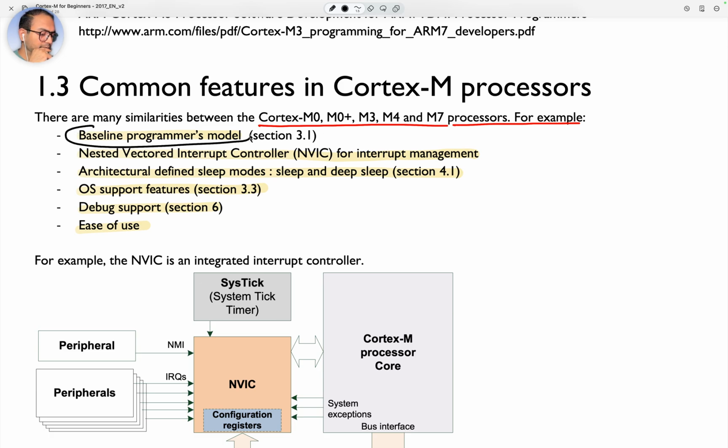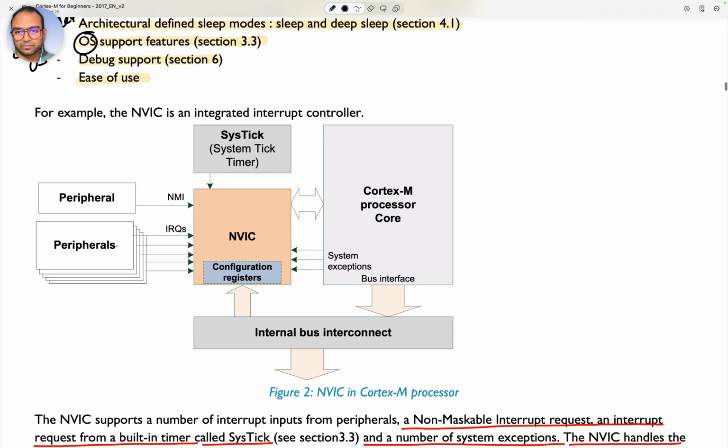The programmer's model is similar across the microarchitectures. The NVIC is the same, though features of the NVIC might vary. Then the OS support, and the OS here is not Linux, Mac, or Windows. It's the embedded OS. That's the OS, and ease of use and debug support, and so on and so forth. Moving on.